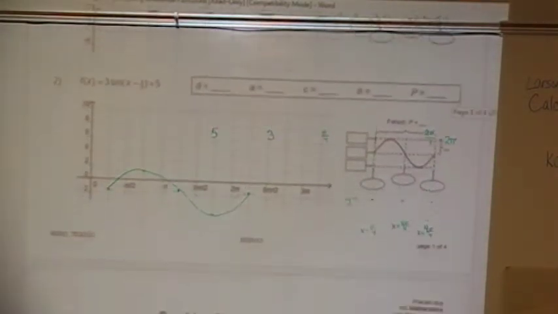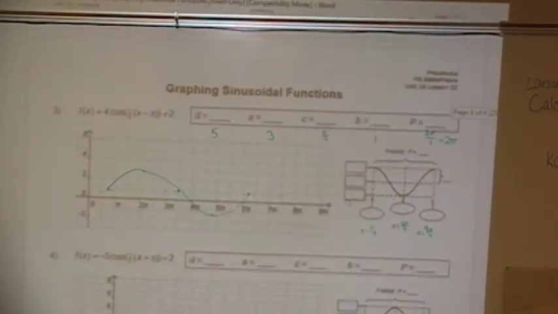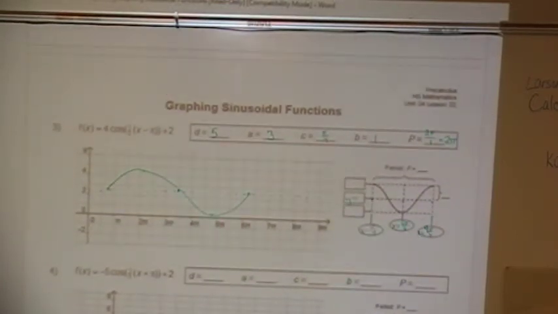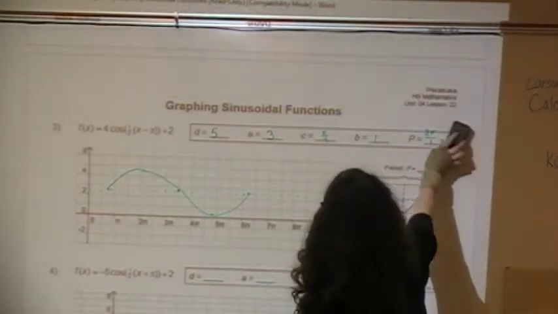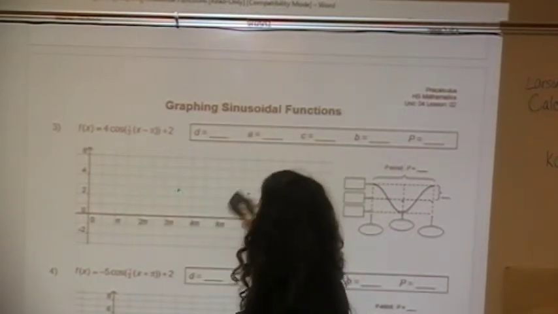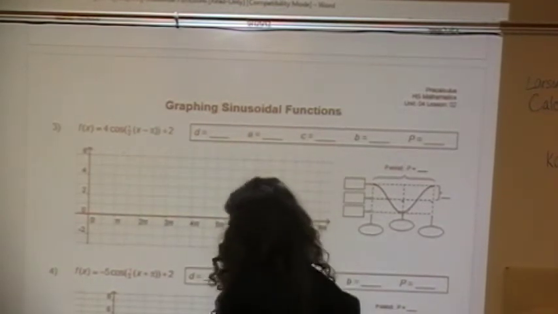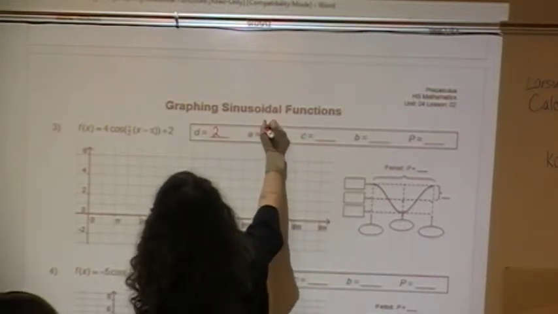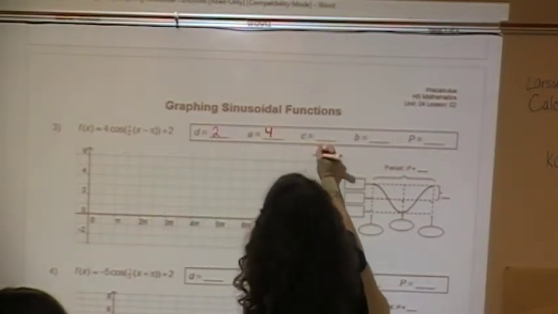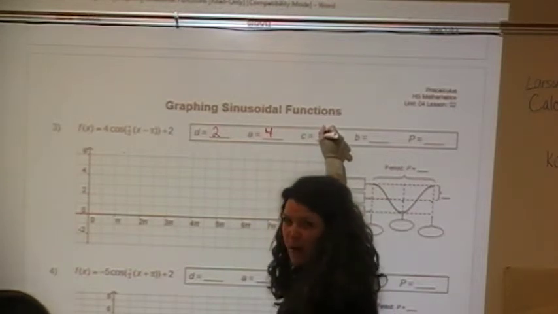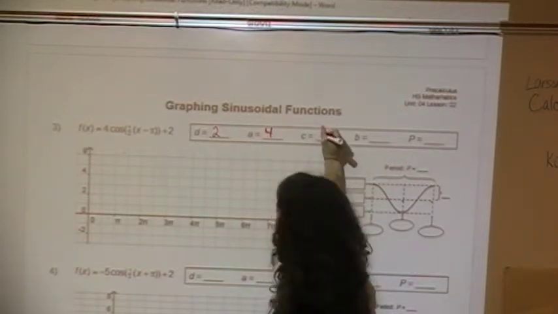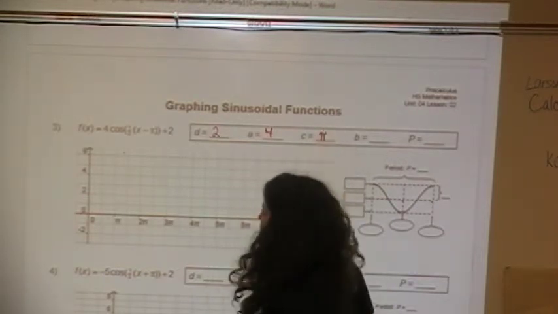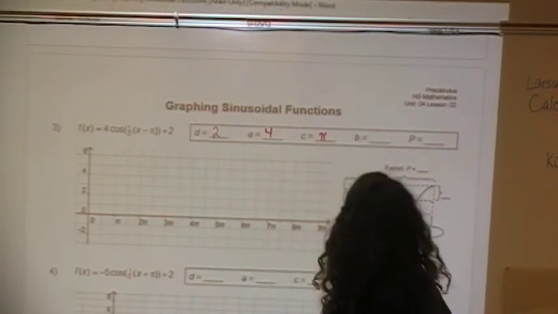And the only difference is instead of it giving you the 3 center lines, it gives you peak, valley, peak. As long as you know that's what you're getting, I think you'll be just fine. All right, so on this one, my D value is 2. A value is 4. C value is minus pi, but so I don't confuse myself, because I know I need to really be adding pi, I'm going to put pi.